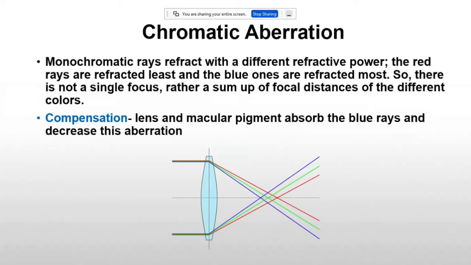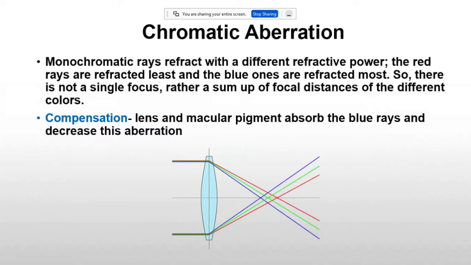So the natural compensation of this imperfection is that the lens and macular pigment absorb the blue rays and decrease this aberration. Because blue rays are a little in front of the fovea, we can say the eye is slightly myopic for blue.